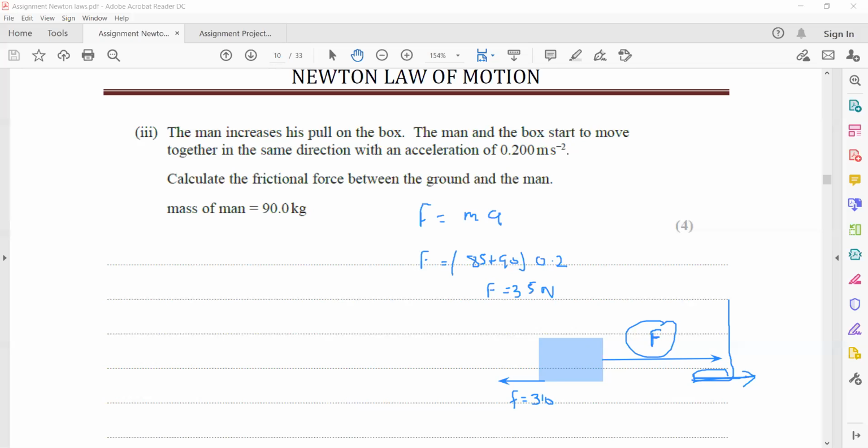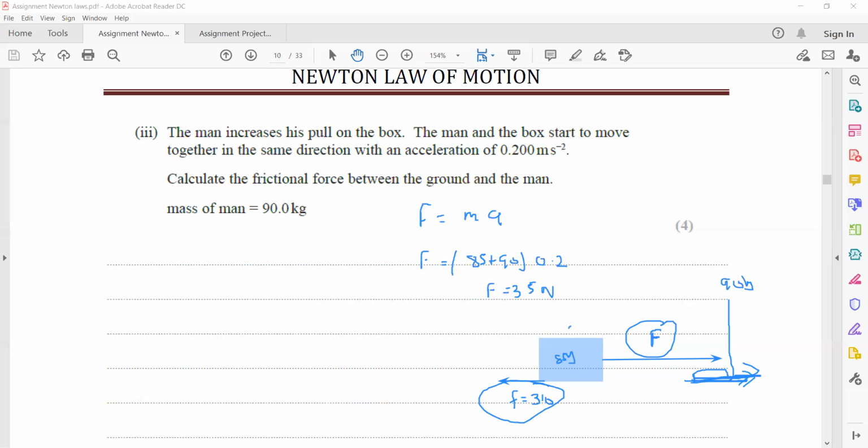The man has a mass of 90 kilograms and the box has a mass of 85. The friction between the man and the surface is the force trying to move it, as the man does not slip. The force opposing the motion is the friction of the box, which is about 310, or your previous answer, it can be 305 as well.